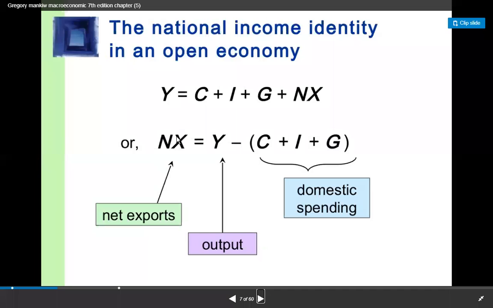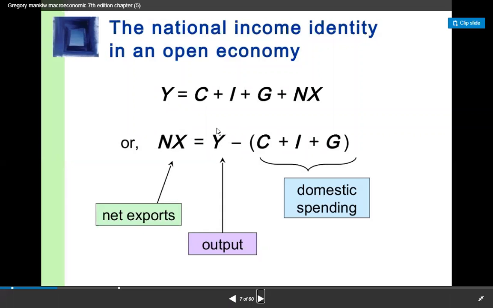When net export is positive, when domestic output is greater than domestic spending, definitely remaining output will be exported. Export बढ़ेंगी, net export will be positive. When net exports are positive, we say it creates surplus.